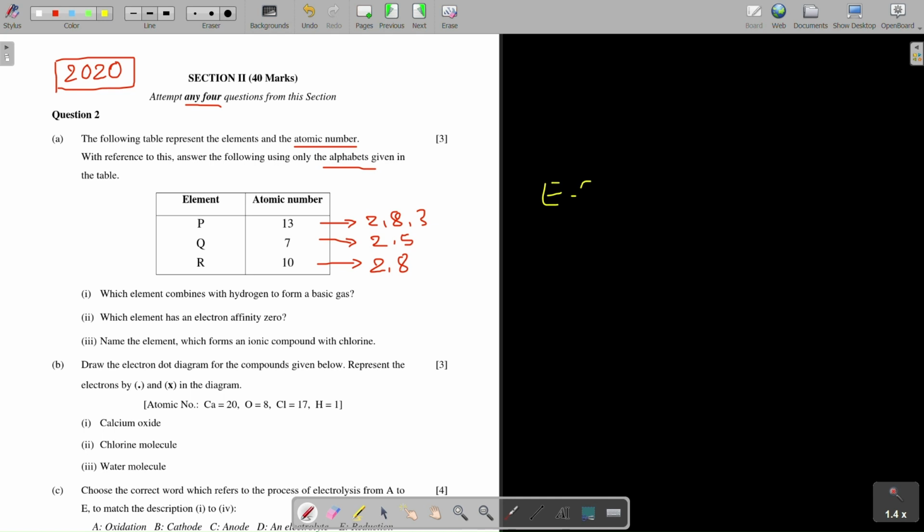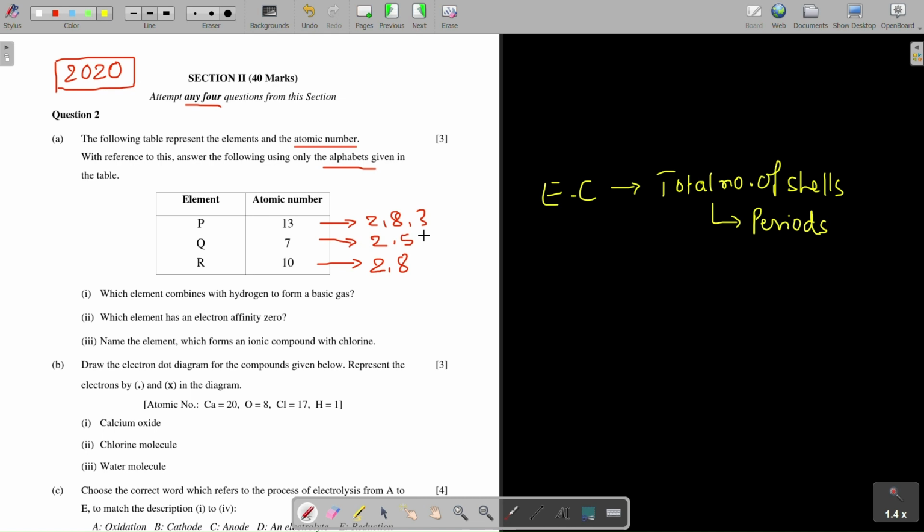Very important: the total number of shells gives the number of periods. So you can see here, 13 has 3 shells, which means 3 periods. 2 shells, 2 periods. 2 shells, 2 periods.